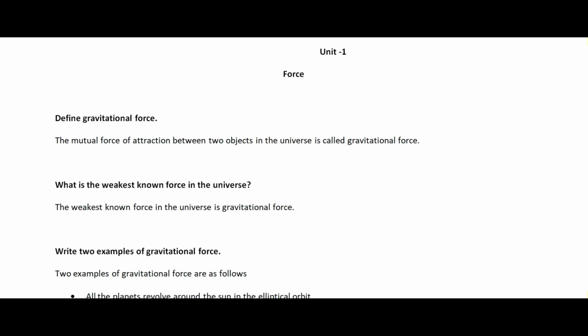So there is a mutual force of attraction between any two objects in the universe, but we cannot notice it in the case of normal objects around us, because the numerical value of such a force of attraction is extremely low. That is the reason we cannot notice it, but that attraction is definitely there.